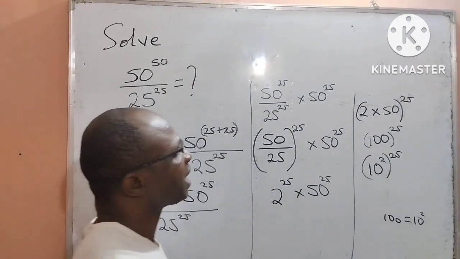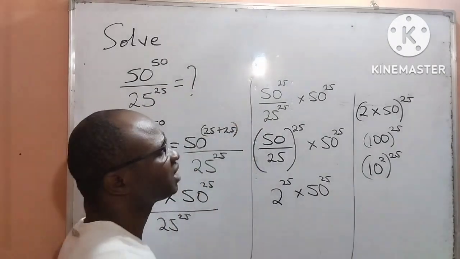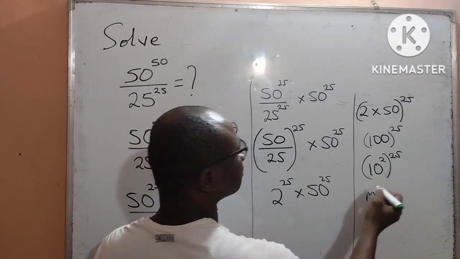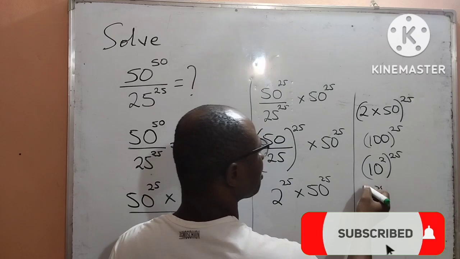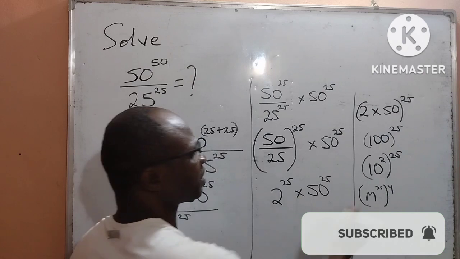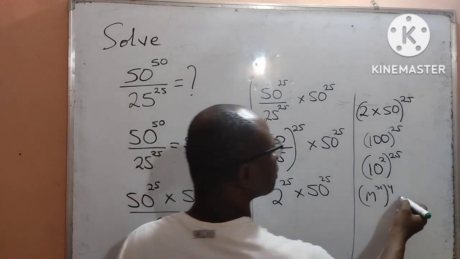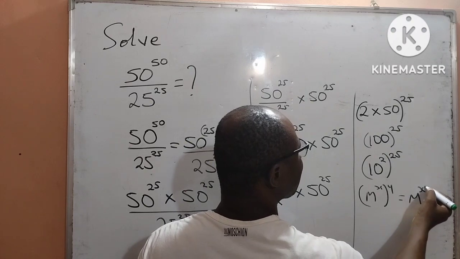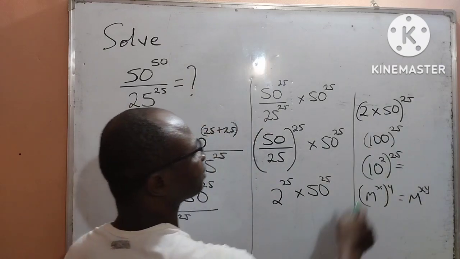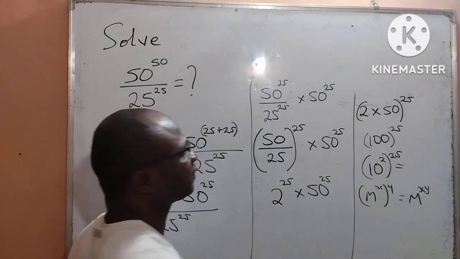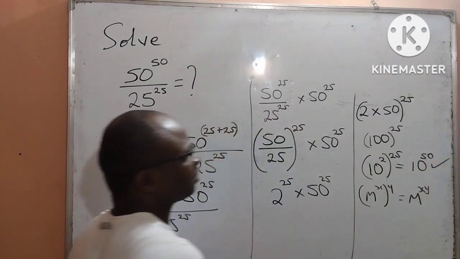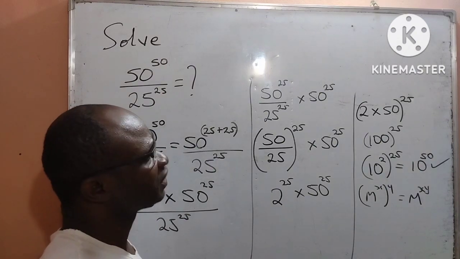But also, according to the product law of indices, that if I am given m to the power of x, all to the power of y, the power inside the bracket will multiply with the power outside the bracket to give me m raised to the power xy. So applying that here, I will now have 2 multiplied by 25 to give me 10 to the power of 50. Final answer.